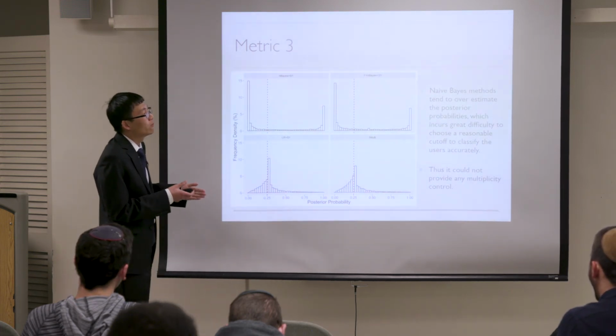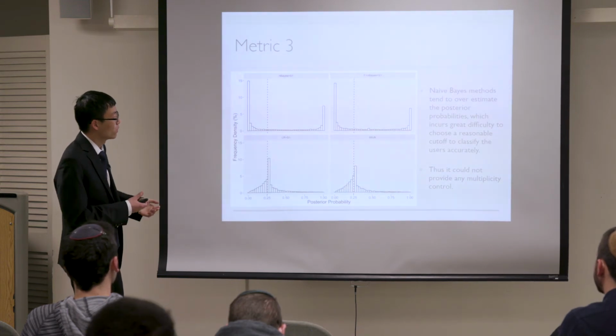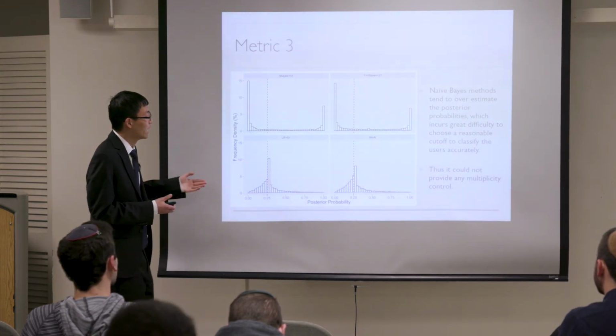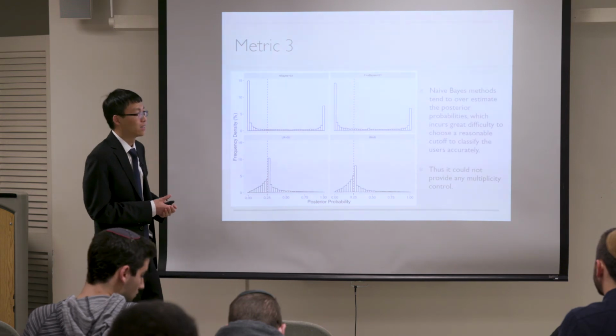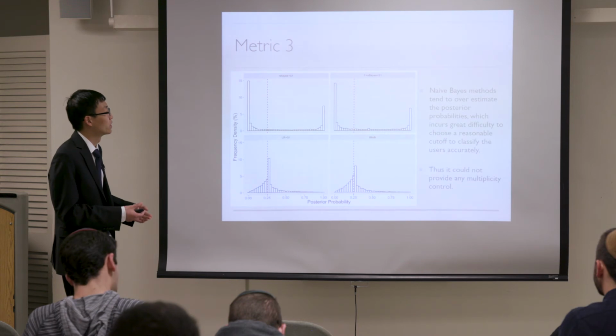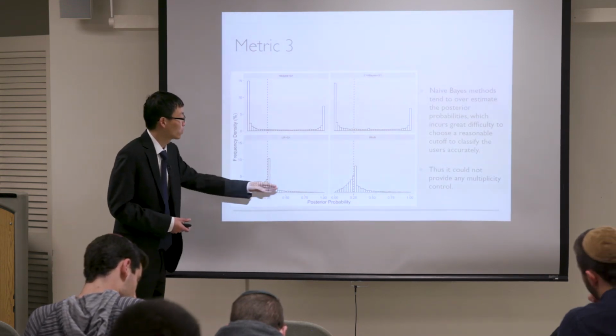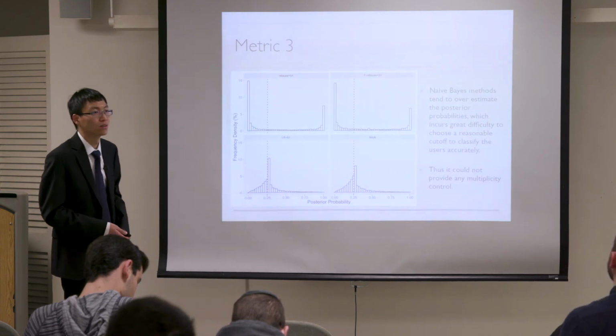So it usually overestimates the posterior probabilities. Why? Because it makes the assumption that features are independent from each other, which is usually not the case. And for other methods, the histogram is more reasonable.